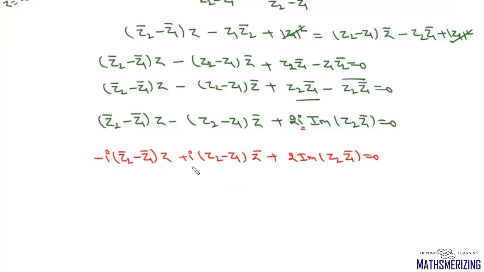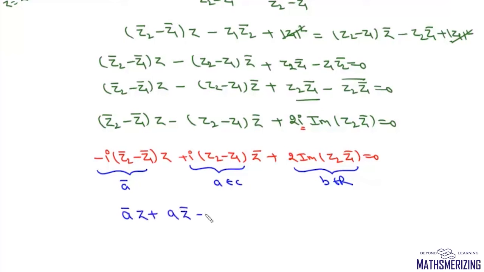Now if we take this iota into (z2 minus z1) as some complex number a, then this is nothing but a bar, and this 2 into the imaginary part of z2 z1 bar is nothing but some real number b. Then any general equation of a straight line in complex numbers can be expressed as a bar z plus a z bar plus b equals 0.